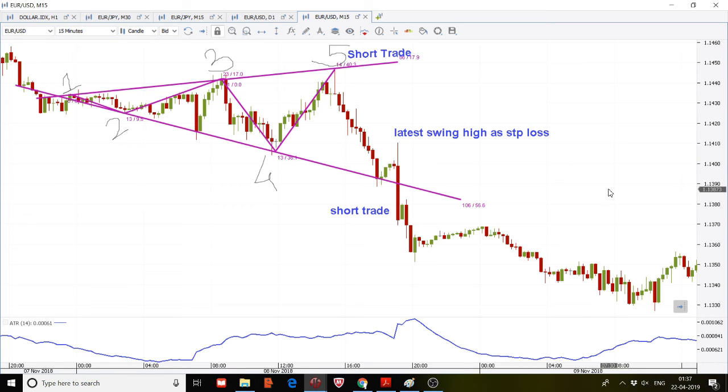So your purpose should be to minimize the stop loss and maximize the profit. If you are an intraday trader, always look for a system where your stop loss will be very small and your profit target will be in multiples of the risk you have taken in each trade.